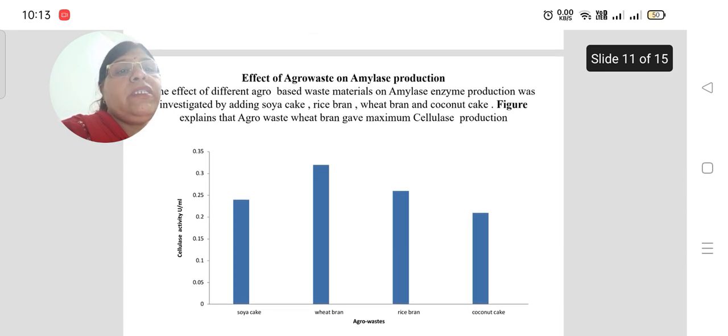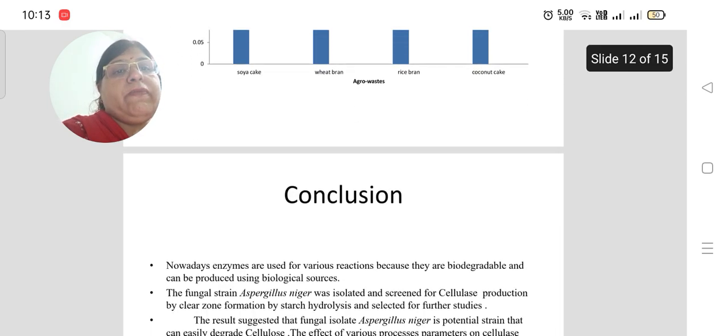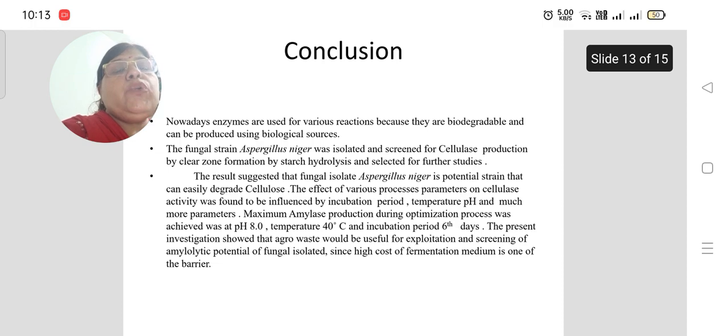From the agro waste, it can be seen that wheat bran is the agro waste which is giving much higher cellulase activity. The conclusion: nowadays enzymes are used for various reactions because they are biodegradable and can be produced using biological sources. The fungal strain Aspergillus niger was isolated and screened for cellulase production by clear zone formation.